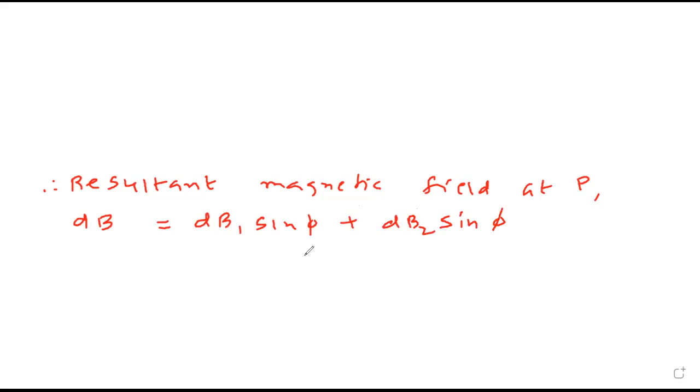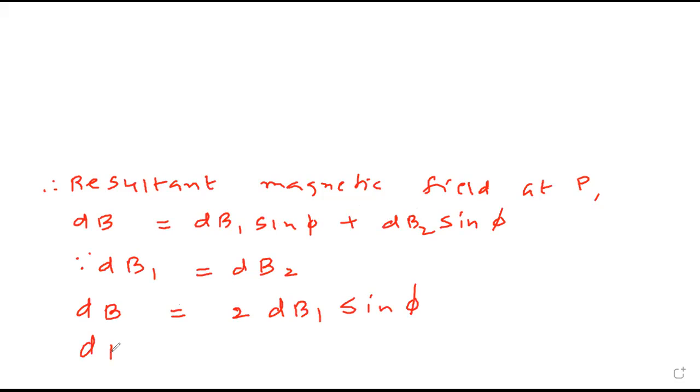They are in the same direction. But dB1 is the same as dB2, so can I say dB will be 2 times dB1 sin phi. dB1 is mu naught I dl upon 4 pi r square.